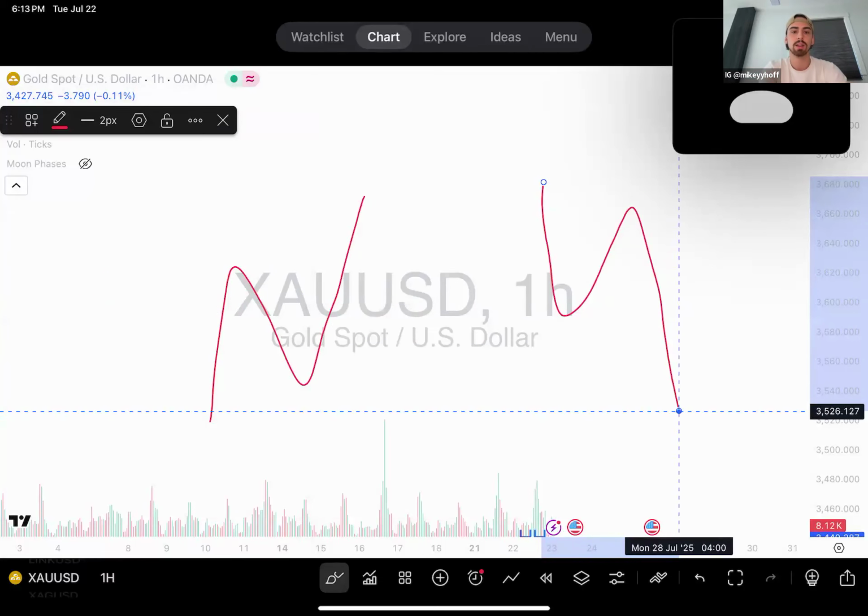And from here, in order to find your entry zones, in this case with gold, when the market is in an uptrend, you're going to look for the most recent peaks. If you're looking for sells, you're going to look for the most recent valleys for the market to react out of.